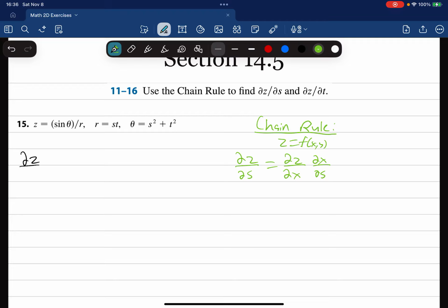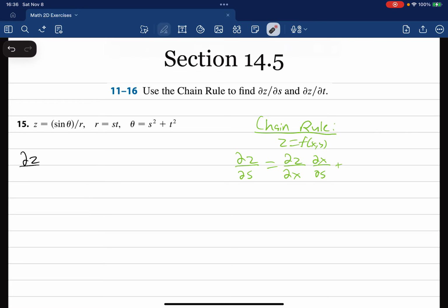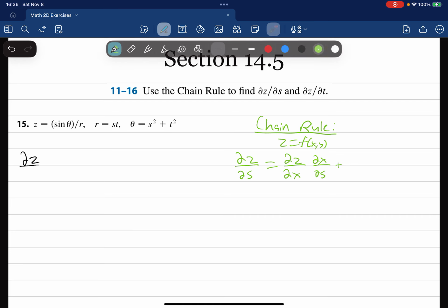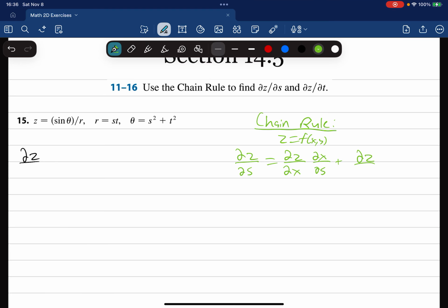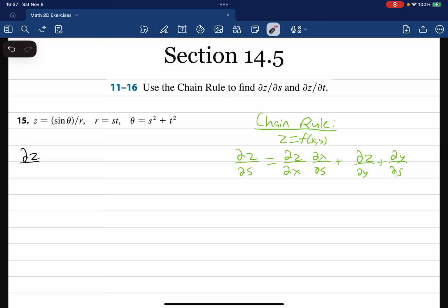What we do is entirely analogous to the case where our functions x and y only depend on one variable, but now we're just taking partial derivatives instead. And we repeat the same with y. And that gives us the partial derivative with respect to s.